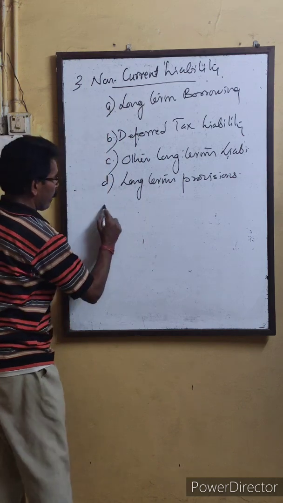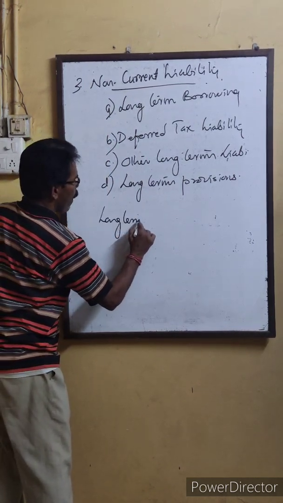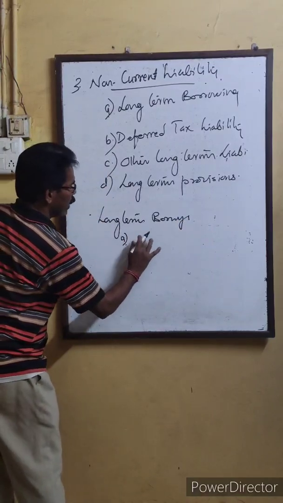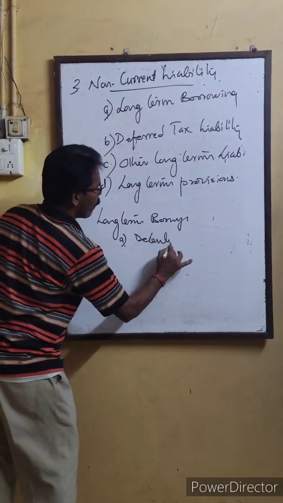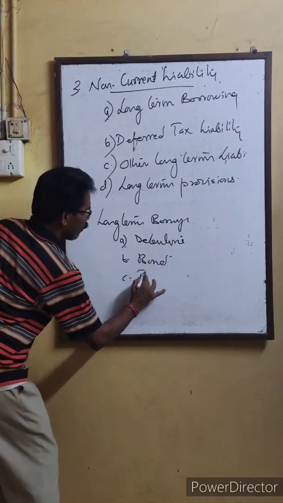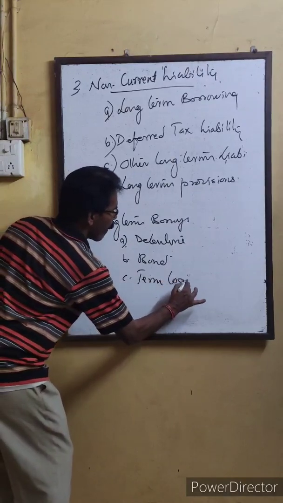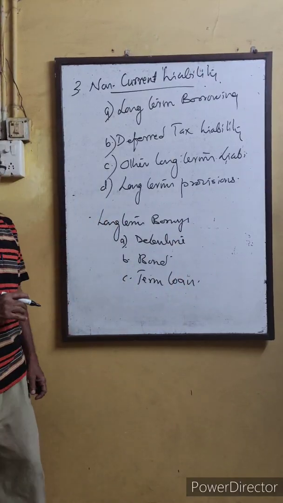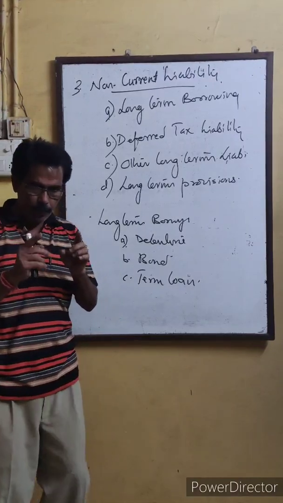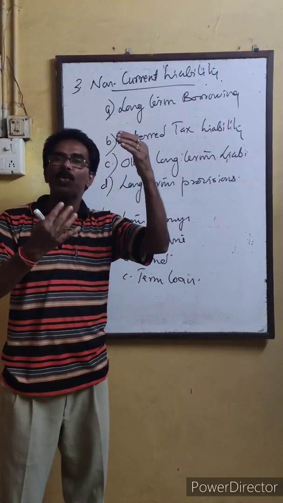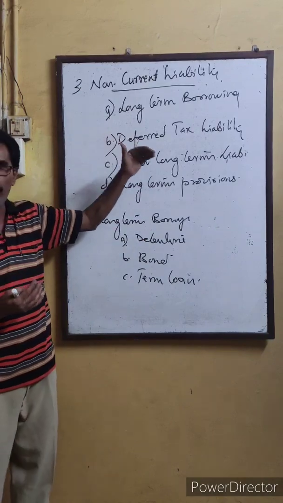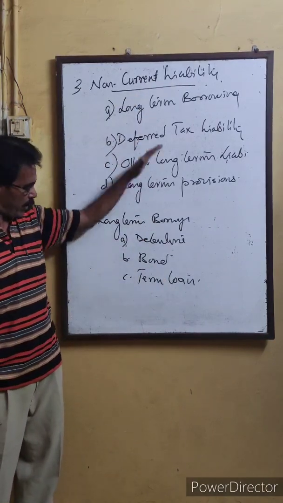In long-term borrowing, one is debenture, bond, term loan, etc. So what you have to learn is the main heading, the subheading, and the items which come under the subheading. That you have to learn, and also the format. For the time being, this much.